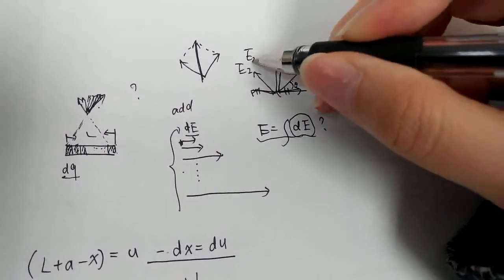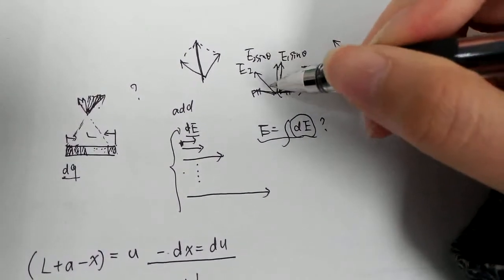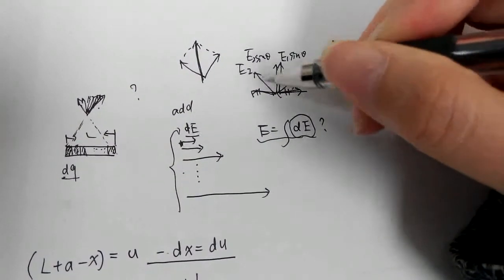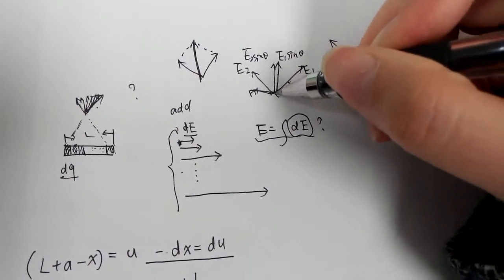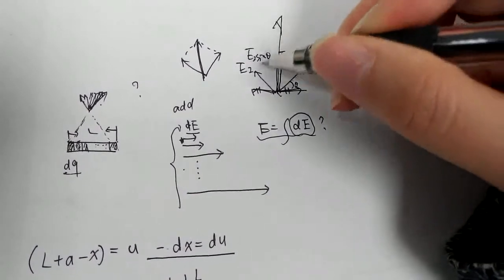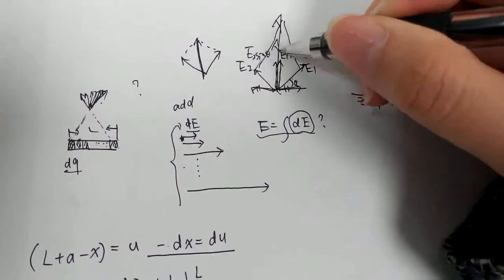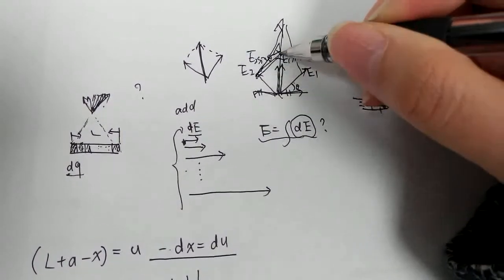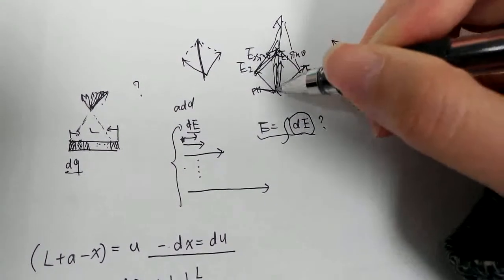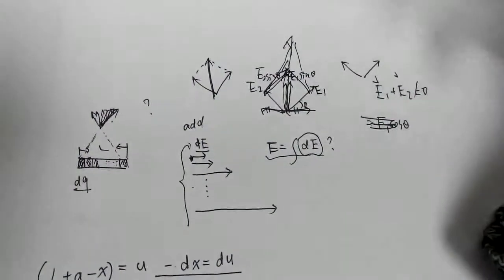Here will be E2 sine theta. So you will know that adding two of the two vectors will be longer, and that's how you get the sum. So it will be like this. Okay, so will be the sum of these vectors.